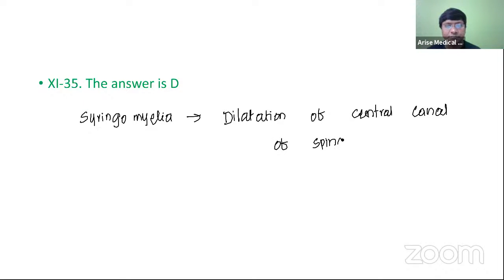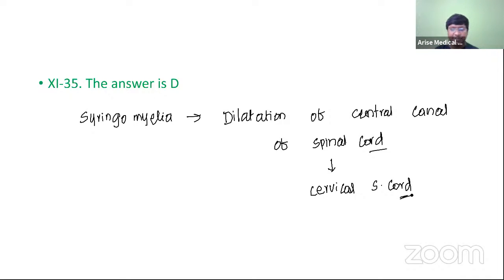And predominantly in which part of the spinal cord? It is mainly in the cervical spinal cord.